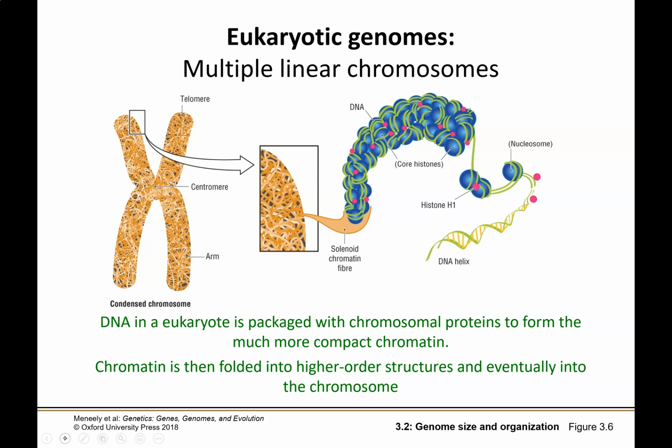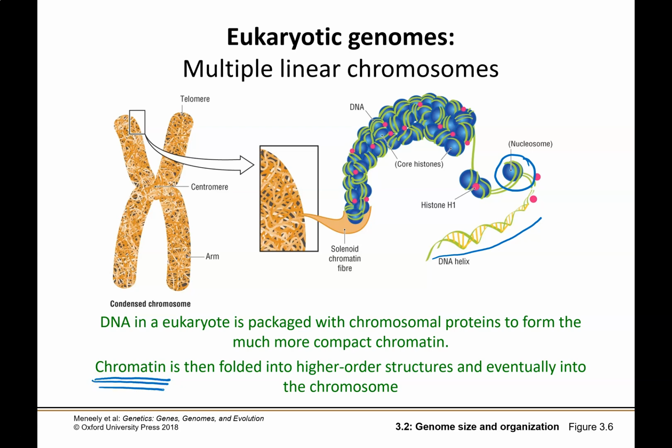Now the chromosome structure is made up of our helix of DNA. That helix is wrapped around special proteins called nucleosomes, and those proteins help to basically compact and fold the DNA so that it can fit into our cell. This complex of proteins and DNA is called chromatin.